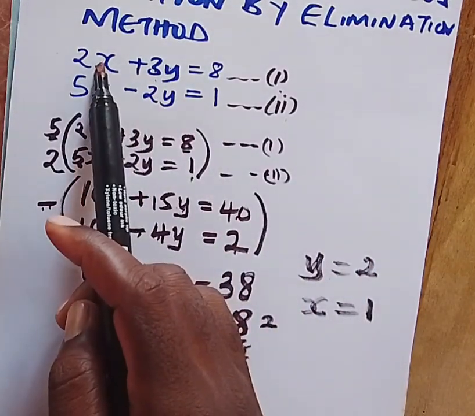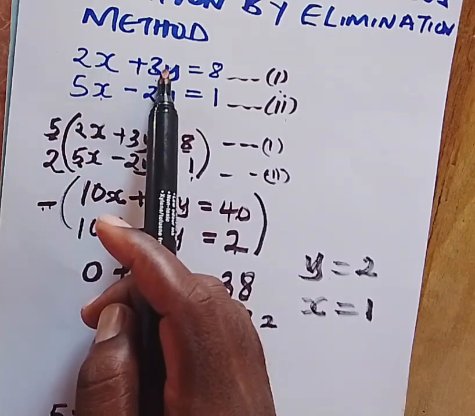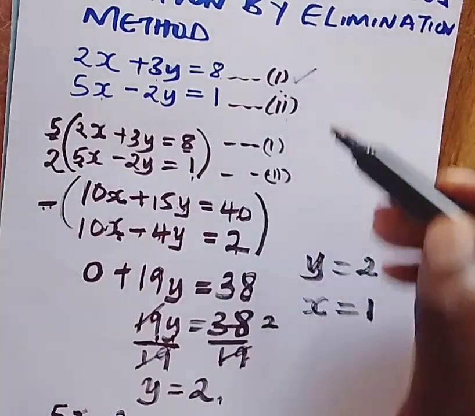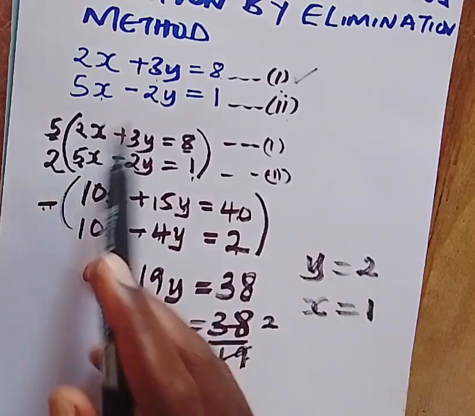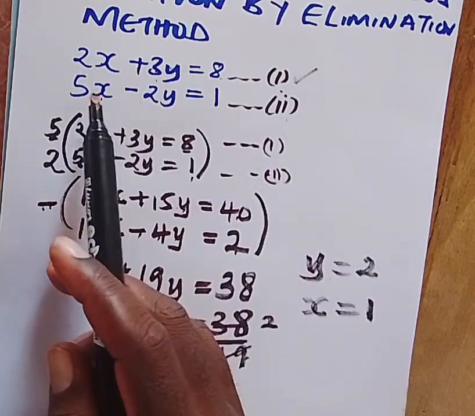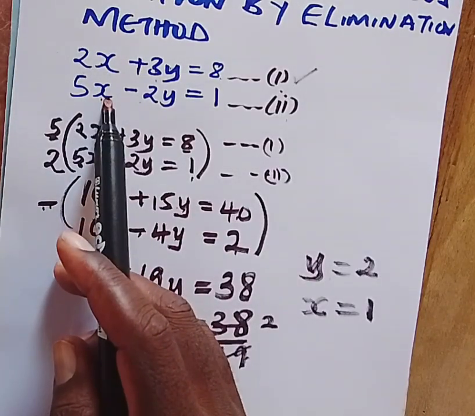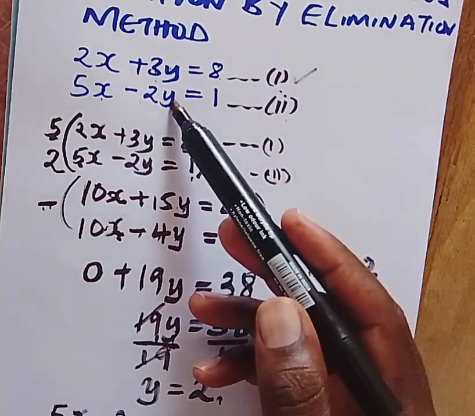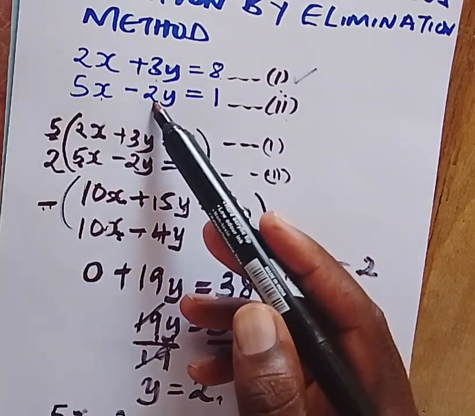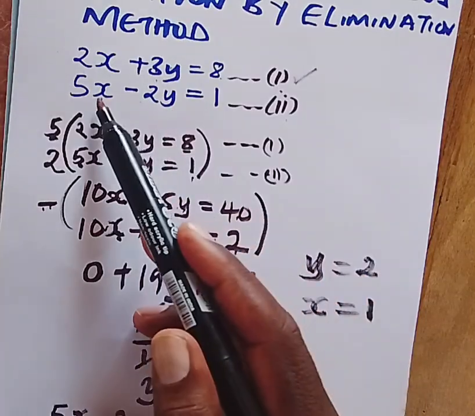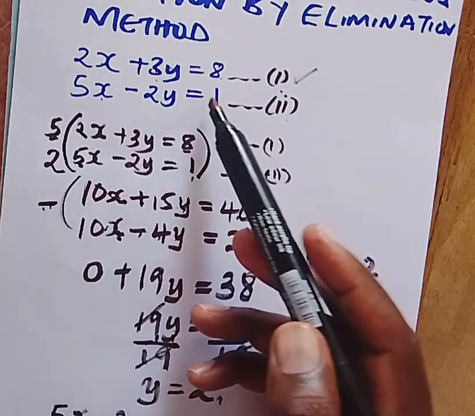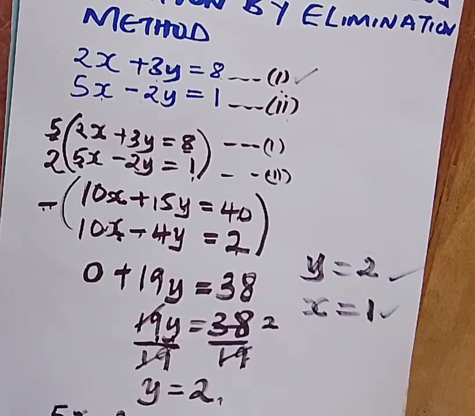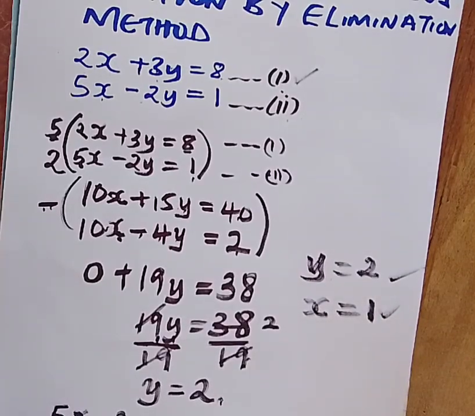So 2 plus 6 is 8. It satisfies equation 1. You can also test this one: 5 times 1 is 5, then minus 2 times 2, substituting the value of y, so 2 times 2 is 4. So 5 minus 4 is 1. Hence it satisfies the two equations.